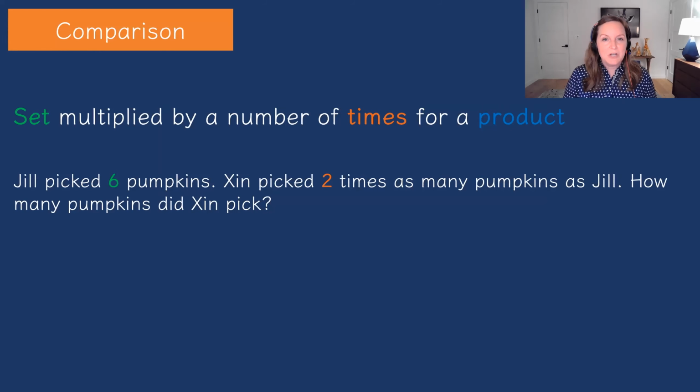The next schema we will talk about is the comparison schema. In the comparison schema, we have a set multiplied a number of times for a product. For example, Jill picked 6 pumpkins. Sheen picked 2 times as many pumpkins as Jill. How many pumpkins did Sheen pick?